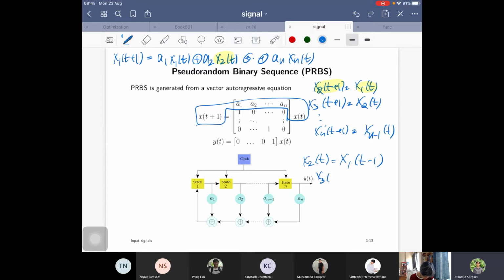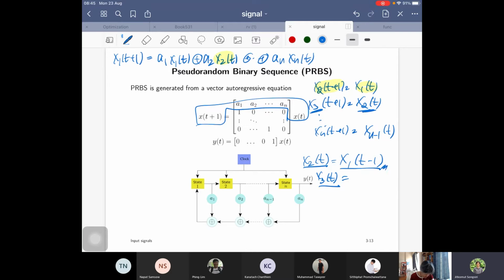I try to write the other states in terms of x1. I know that x3 is a function of x2, and x2 is a function of x1.